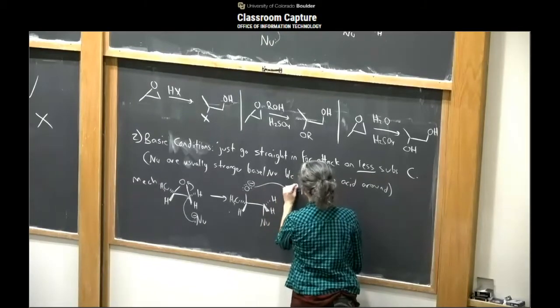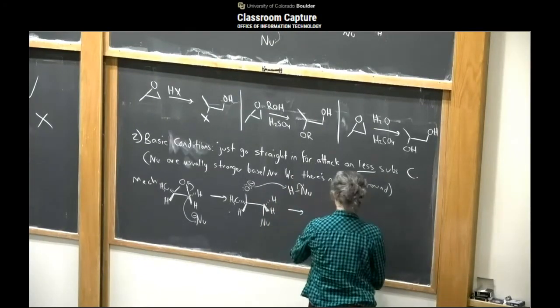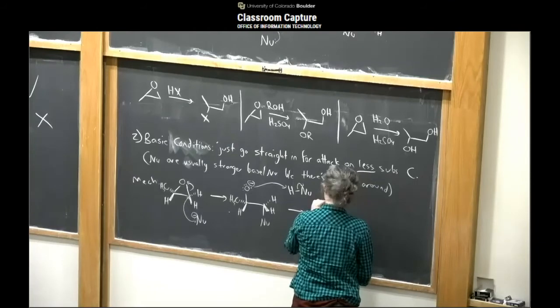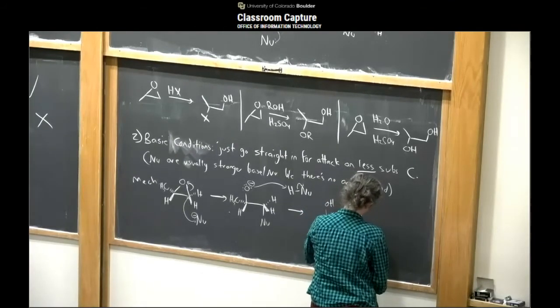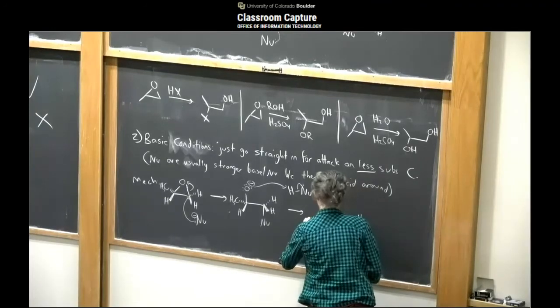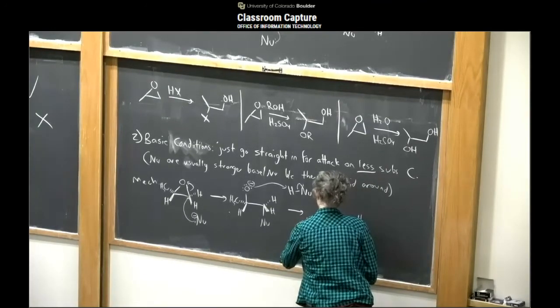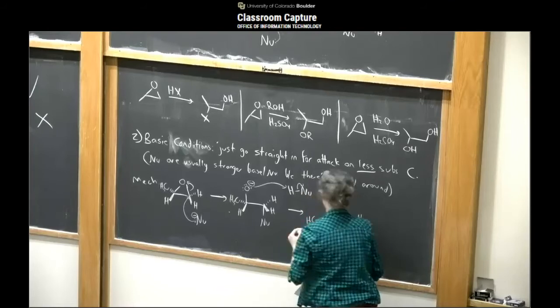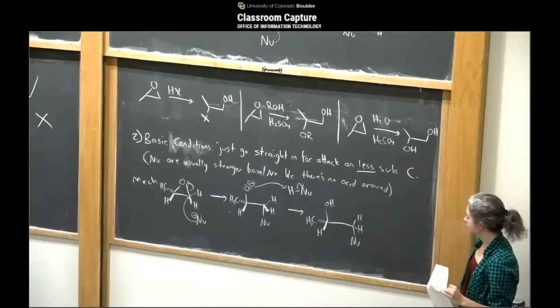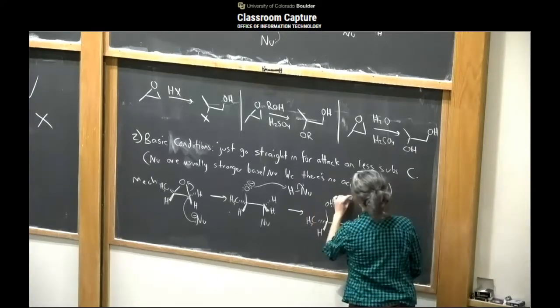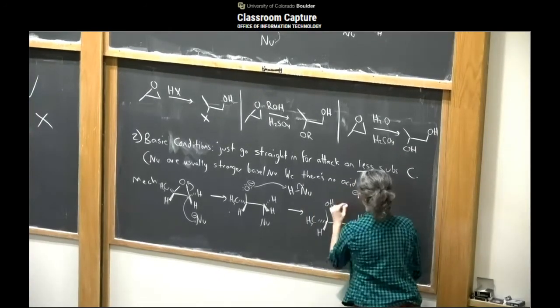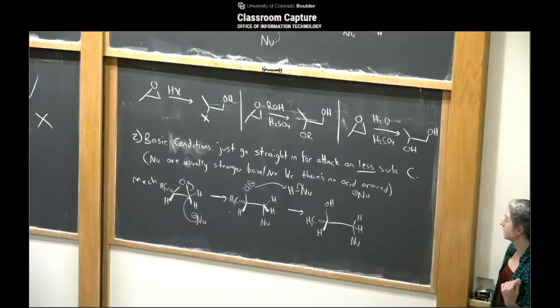So we'll go pick up a proton from one of those, which gets us to here. Okay, so you might also notice that this is sort of creating a new copy of the nucleophile, which can then go attack another thing.